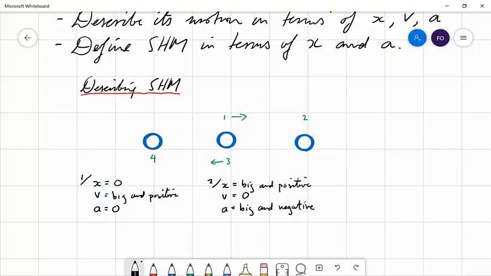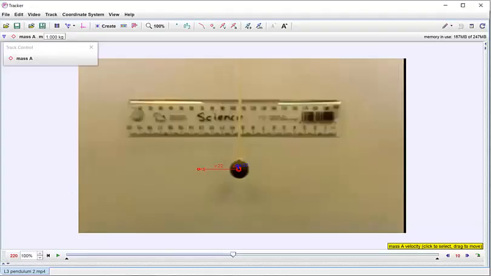So at position 3, because we're at equilibrium, x is 0, v is big and negative, and a is also 0. So it looks like x and a are both 0 at the same point, both in the first position and in the third position, which makes sense because at equilibrium the net force should be 0, so the acceleration should be 0.